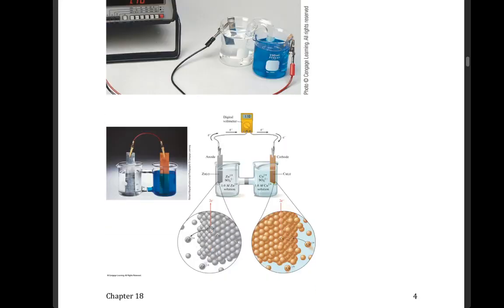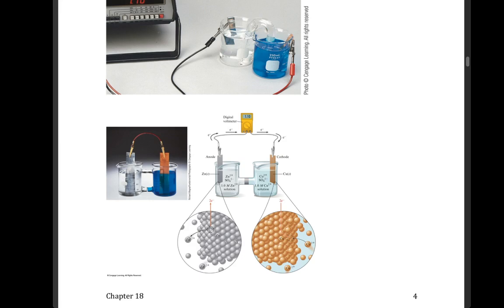And then here's another diagram of the same setup, giving more details. So it's showing the electron flow direction, it's showing the voltage. So it goes from the zinc side to the copper side. The side where oxidation occurs, in our case the zinc side, that compartment is called the anode, and the piece of metal is often called the anode electrode, or simply the anode.